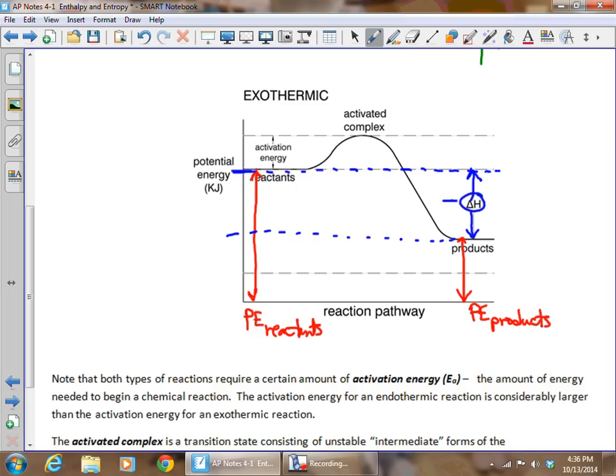Look at the activation energy here. That's not a lot of activation energy. E sub A or E sub ACT, either way, that activation energy is small. We still have that hump that has to be reached. That's still the potential energy of the activated complex.